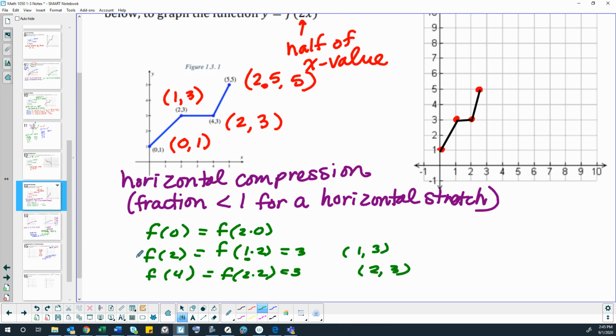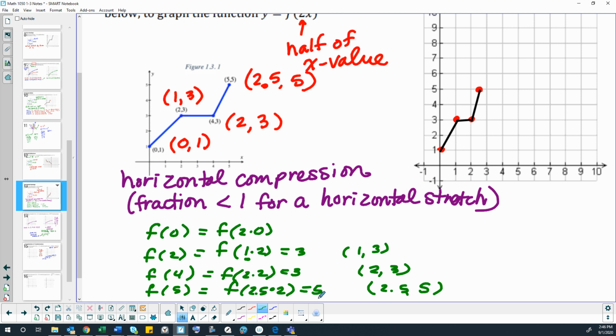So the original number was 4, 3, but because we are changing it to a 2x, we need it to be a 2 times 2 to get the 4. So the point's at 2, 3. And then to get f of 5, we would need to do f of 2.5 times 2 to get that same y value. So that's why we get that point at 2.5 comma 5.